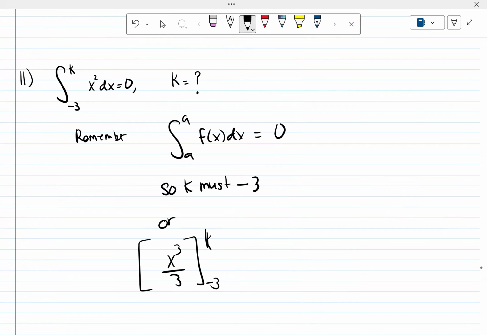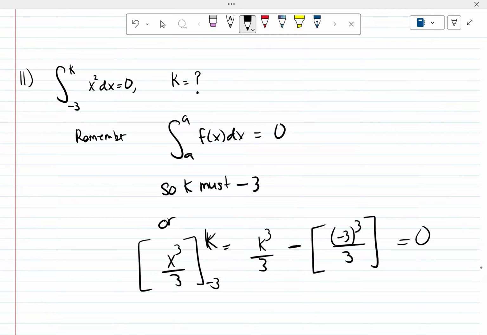Now I'm going to do the fundamental theorem, and what happens is you apply the upper boundary. It's going to be k cubed over 3 minus bracket, and then it's going to be -3 cubed over 3. And then you're going to set that to 0, and then you'll solve for k. So it's not too bad, right?